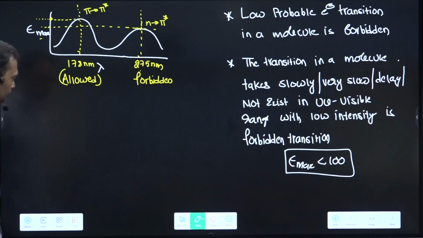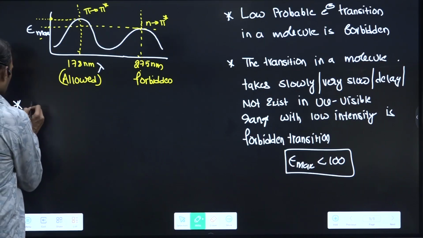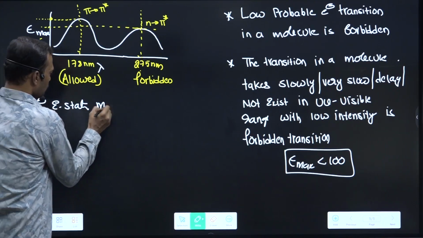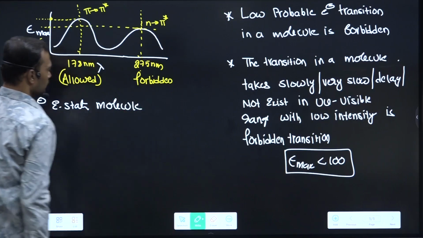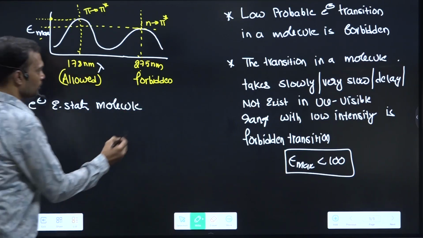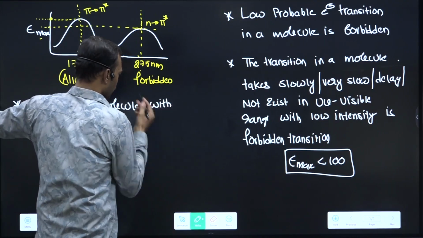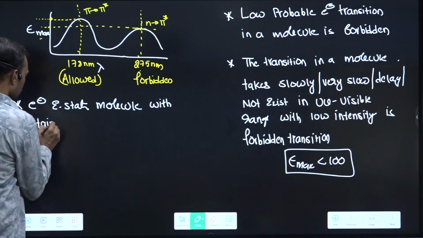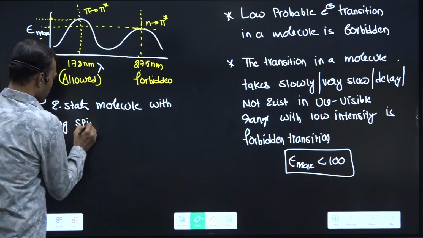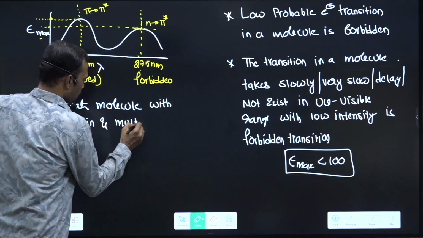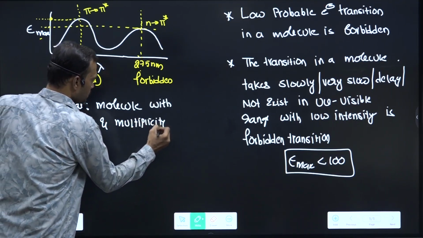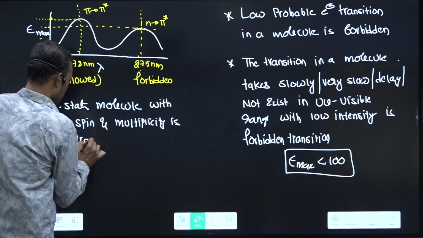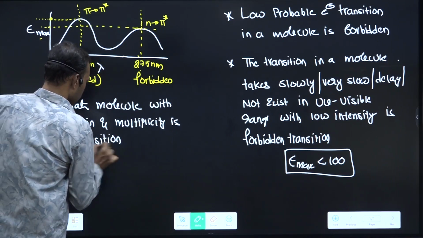Clear? See, an electronically excited state molecule retaining spin and multiplicity is an allowed transition.